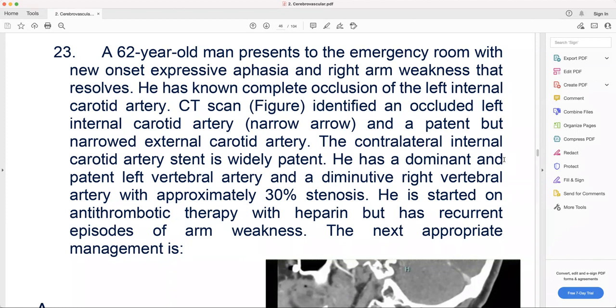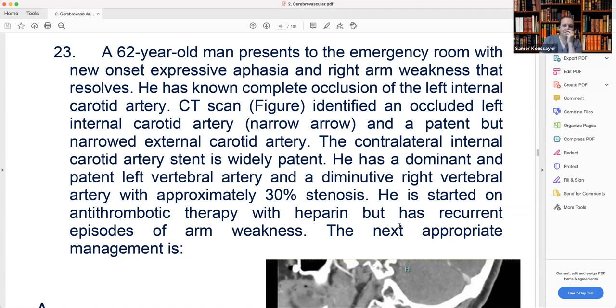The contralateral internal carotid artery stent is widely patent. He has a dominant and patent left vertebral artery and a diminutive right vertebral artery with approximately 30% stenosis. He is started on antithrombotic therapy with heparin, but has a recurrent episode of arm weakness. The next appropriate management is.